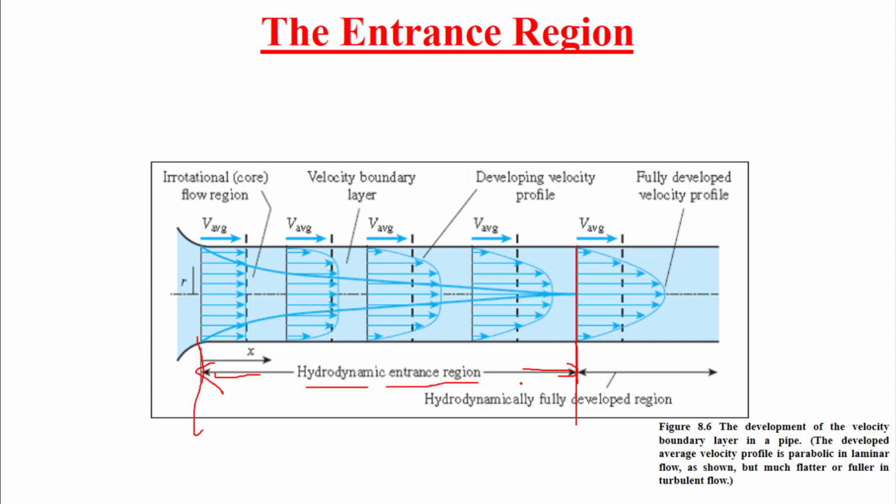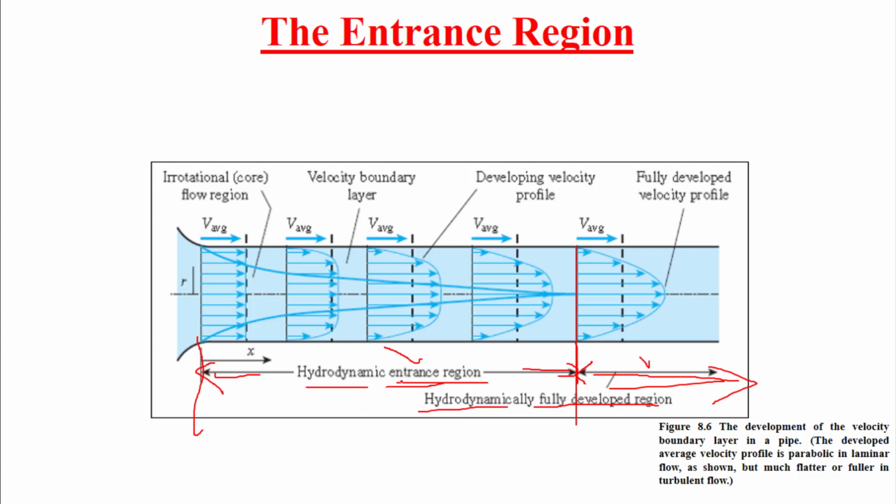Now here, from the point the profile becomes fully developed till infinity, if there are no disturbances, we call this region the dynamically fully developed region. So this is the hydrodynamically fully developed region, and this is the entrance region. So we actually have two regions, entrance region and fully developed region.